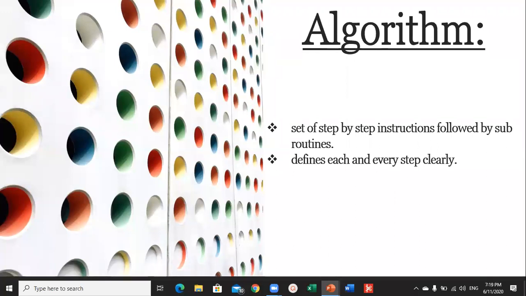Algorithms are basically of two types: number one, pseudocodes, and number two, flowcharts. These are the two types of algorithm, which are done on paper. They are not done on screens.